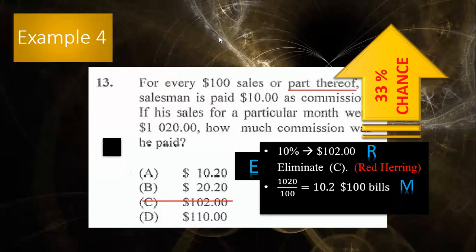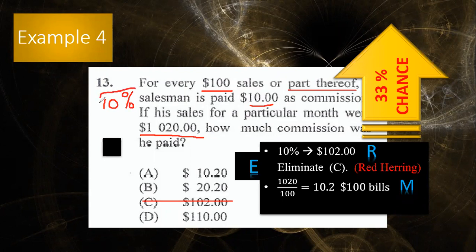Yeah, because C is the obvious choice that people may think, but it's incorrect. You might see 10 and see 100 and think 10%. People might see $10 here and $100 in sales and think 10% is its commission.